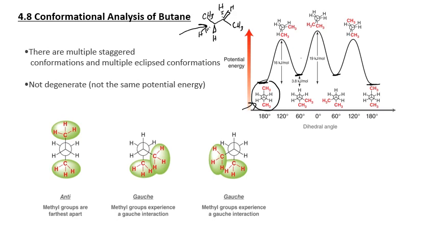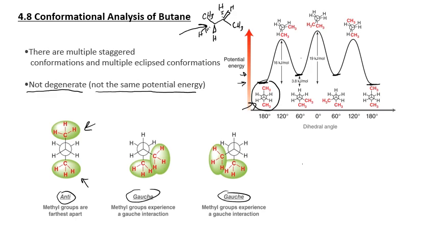These staggered conformations that are not degenerate, meaning they are not the same energy, are due to what we call an anti-configuration versus a gauche configuration. The anti-configuration is the lowest energy because it gets those large methyl groups as far away from each other as possible without any electron-electron repulsions.